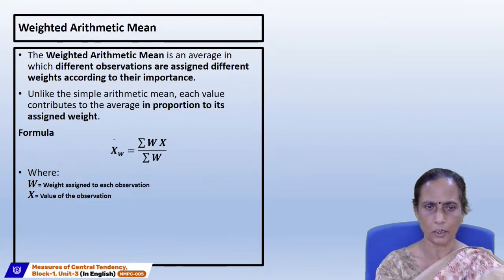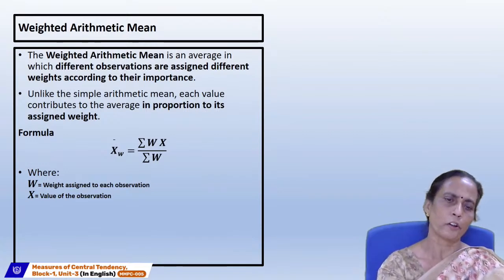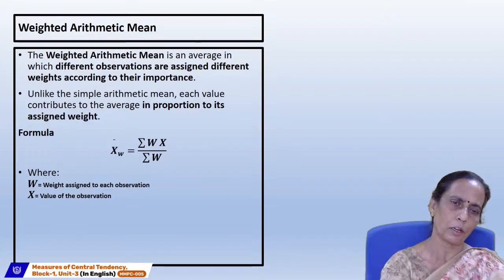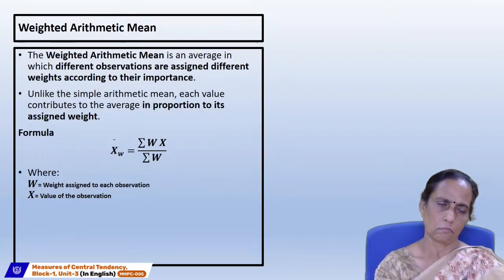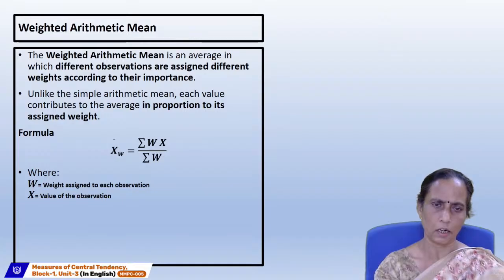Then while calculating your grade point, your university will calculate 50 into 4 plus 70 into 3 plus 30 into 90 plus 1 into 80.